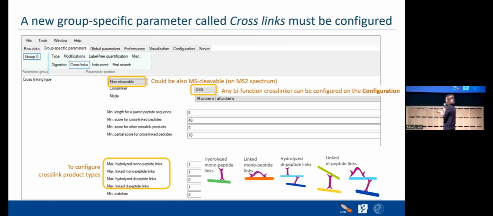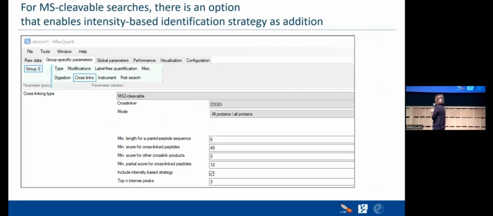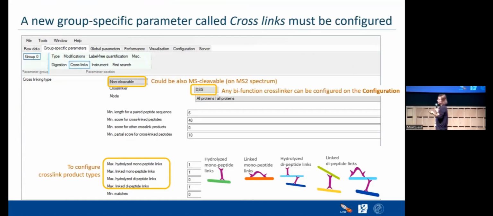And what we are interested in is crosslink peptide, and this is the two peptides, and they are linked to each other. You also don't need to worry about these settings. But if you want to try out to check the higher order, you could play around, of course.